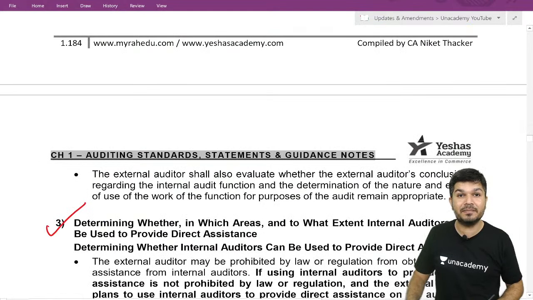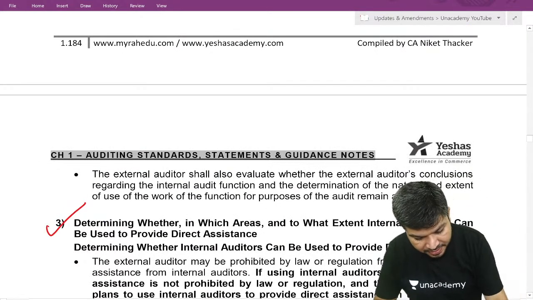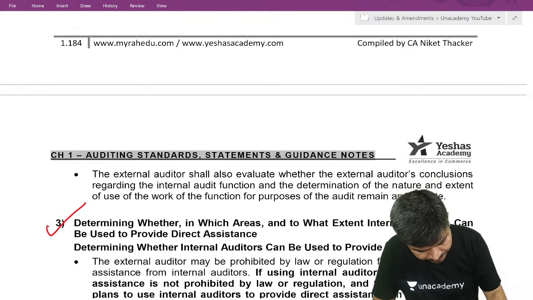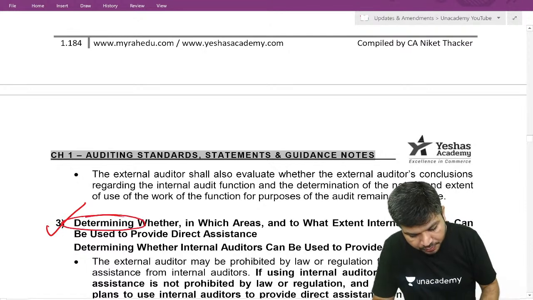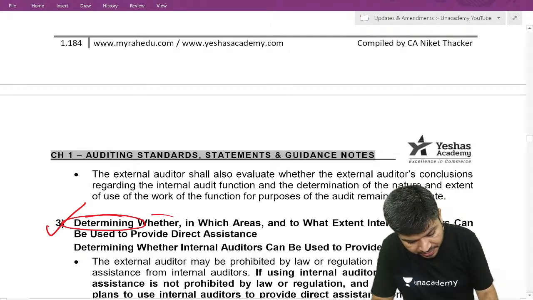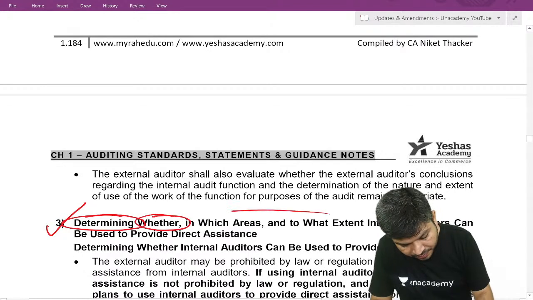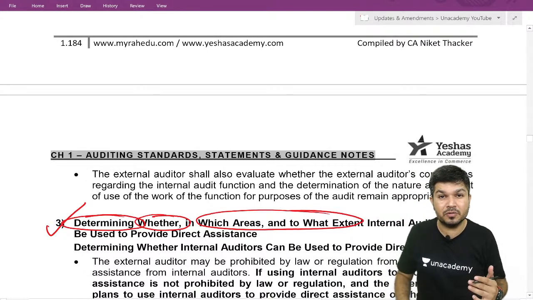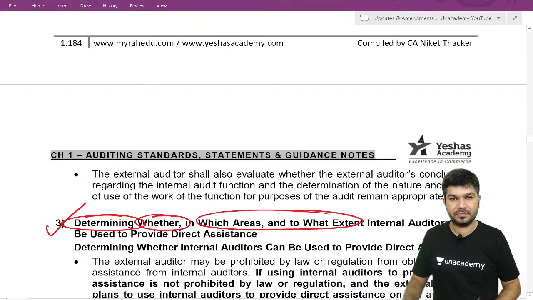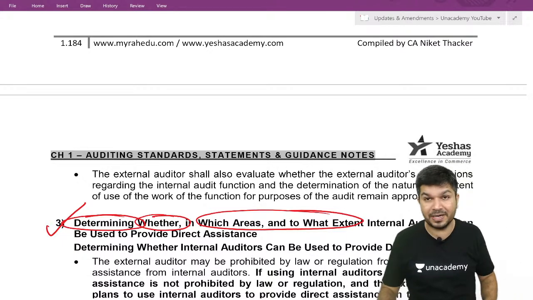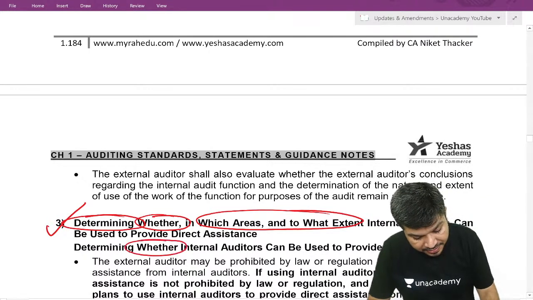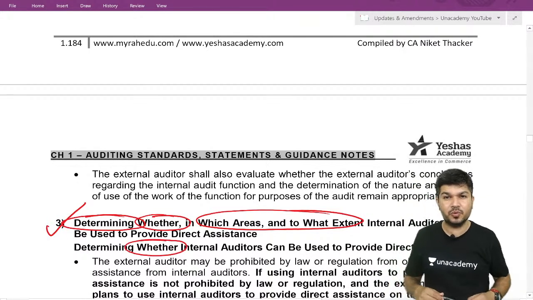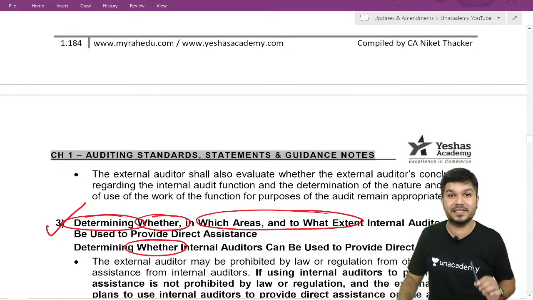Now third, determining whether, in which areas, and to what extent we can use the internal auditor to provide direct assistance. First, determining whether I can use the internal auditor to provide direct assistance.